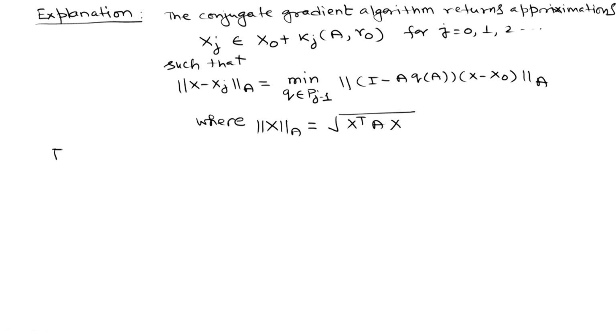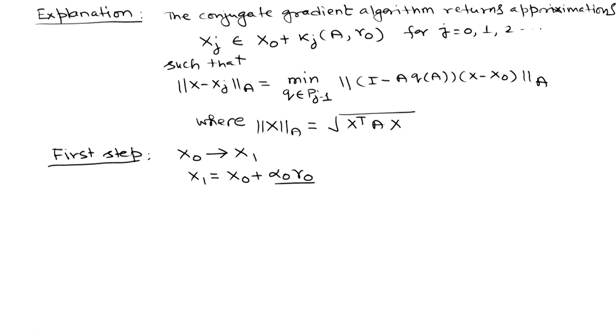Now, if we look at the first step of this method, means for going from x 0 to x 1, we have x 1 equals x 0 plus alpha 0 r 0.